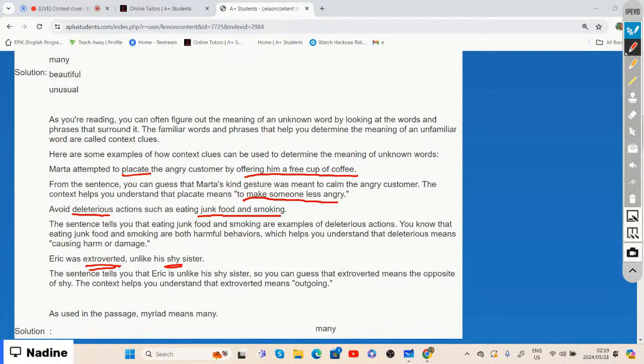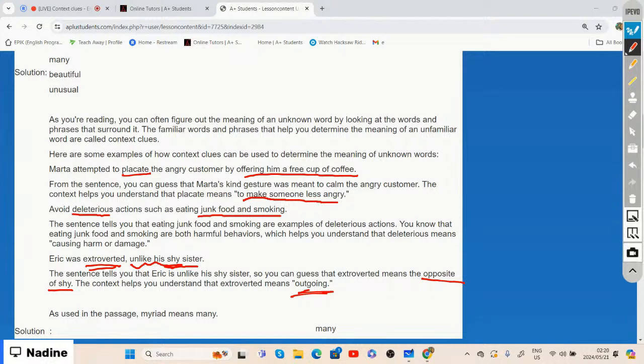Which means that this sentence, Eric was extroverted, unlike his shy sister, tells us that Eric is unlike his shy sister, sorry. So you can guess that extroverted means the opposite of shy. So, which means that the context, right? This context helps us to understand that extroverted means outgoing, means you are bold, means you're outspoken, right?